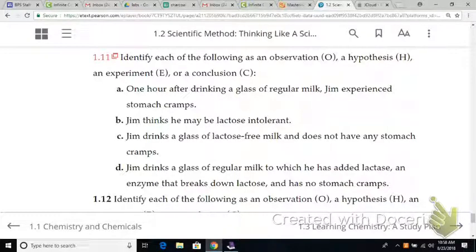So that would be the experiment that he's doing. And then D, he drinks regular milk to which he's added lactase, an enzyme that breaks down lactose, and has no stomach cramps. What do you think on that? Experiment. So he did 2 different experiments in which to test it. Okay?